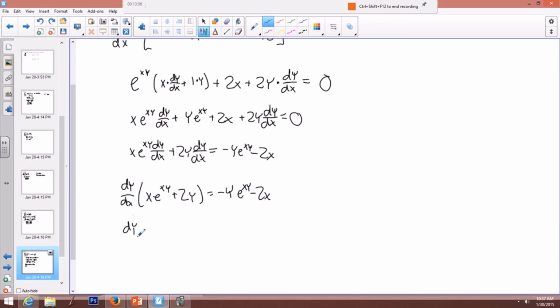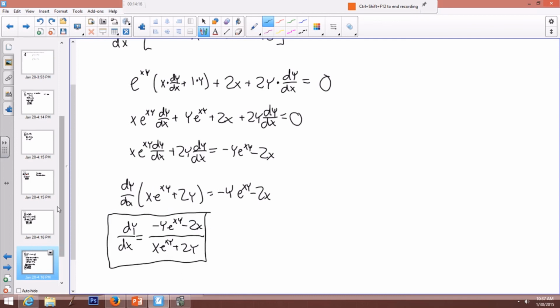So my final answer, unless I can simplify it, and I don't think we're going to be able to, is dy over dx equal to negative y e to the xy minus 2x, all over x e to the xy plus 2y. And that is my final solution for that particular problem.